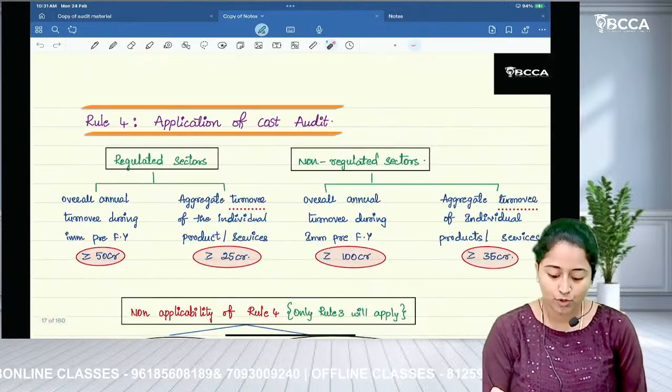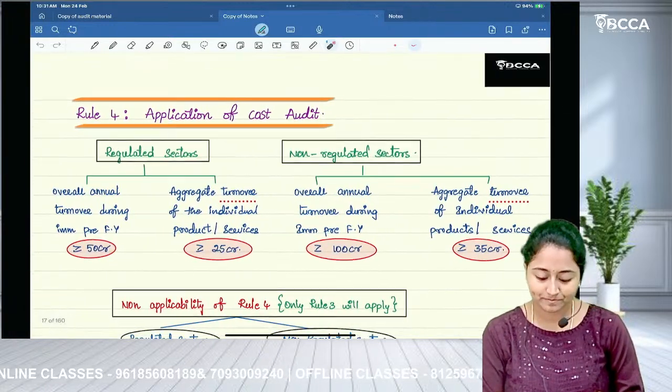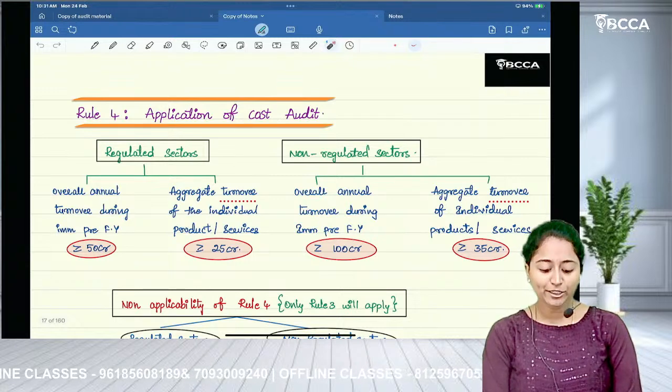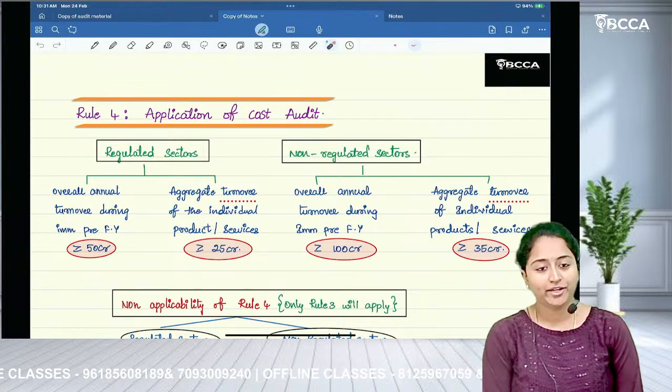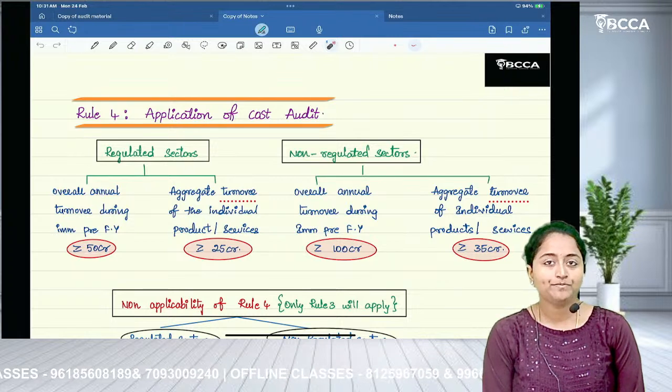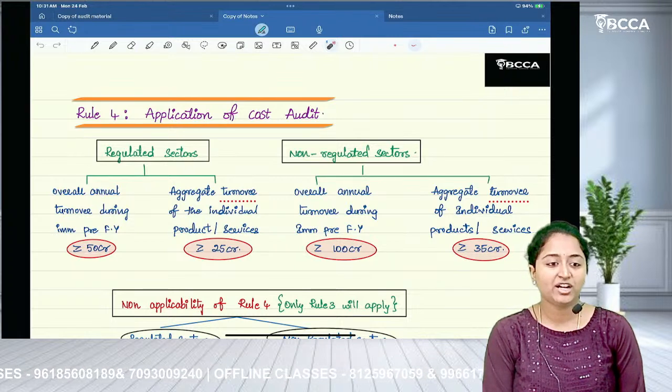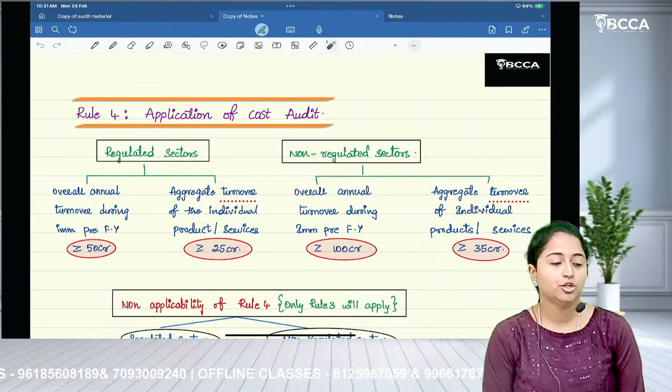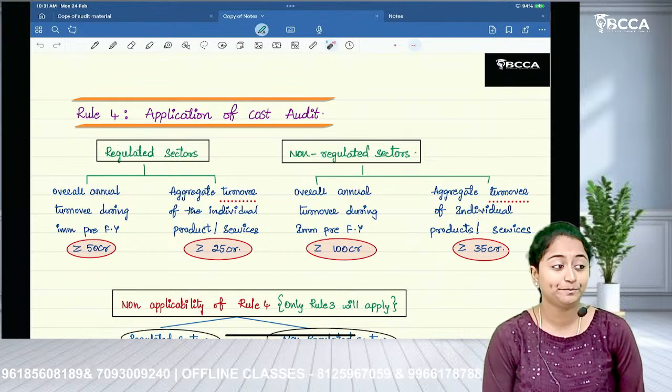Now this is rule 3. Clear with rule 3? Now, coming to rule 4, cost audit. If a company is maintaining cost records, do they have to do cost audit compulsorily?